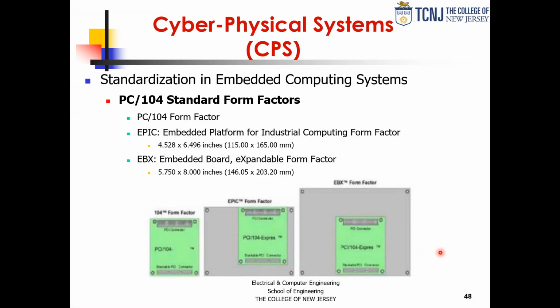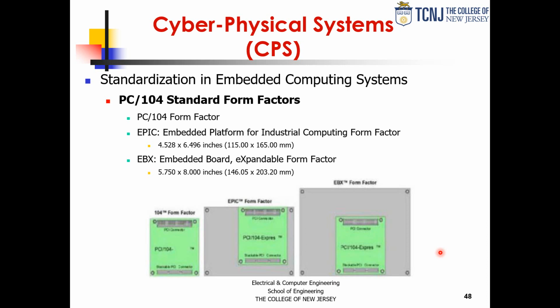So as an example of the form factor of the PC/104, which, as I mentioned, is about 4 by 4 inches, this is a physical comparison versus other types of embedded computers. PC/104 is not the only one.